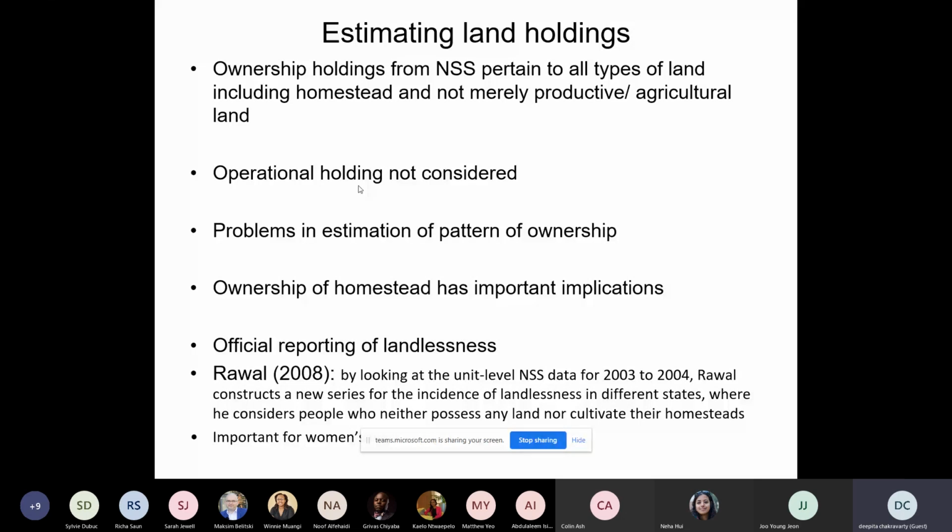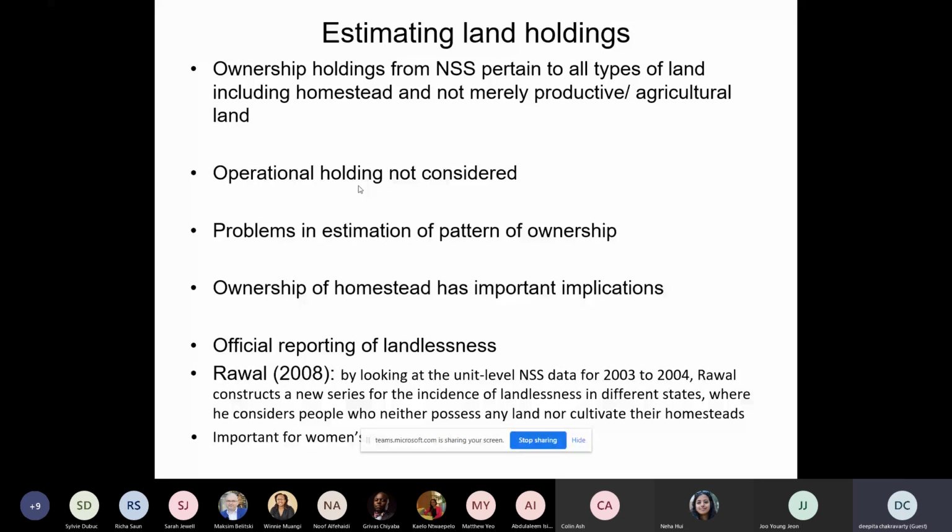That may be wholly owned by a particular agricultural person, or maybe partly leased in, partly owned, or maybe wholly leased in. Okay. The difference between ownership holding and operational holding is basically this: in the context of operational holding, the whole area is operated.